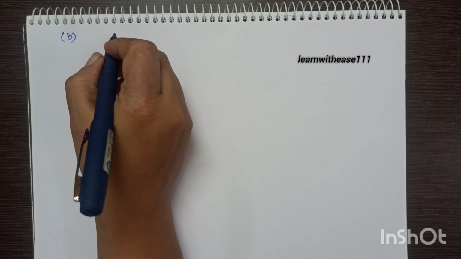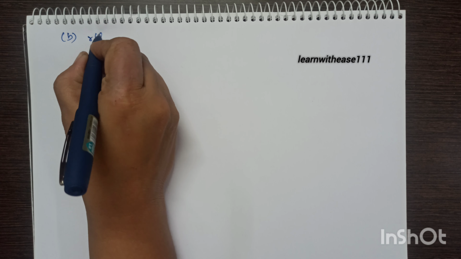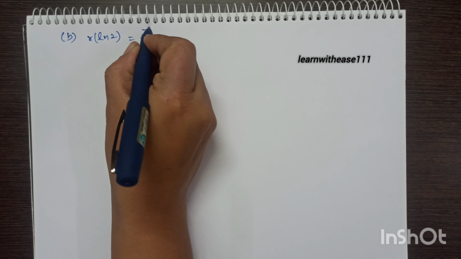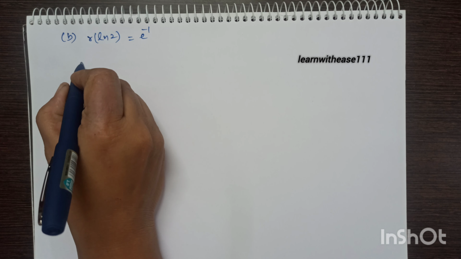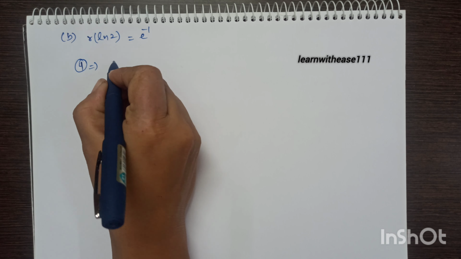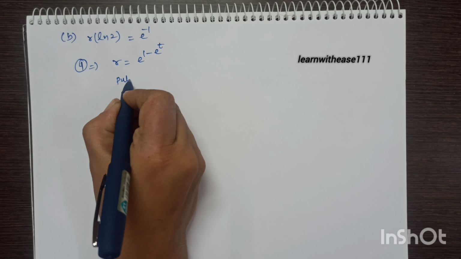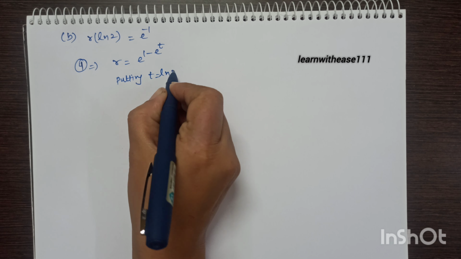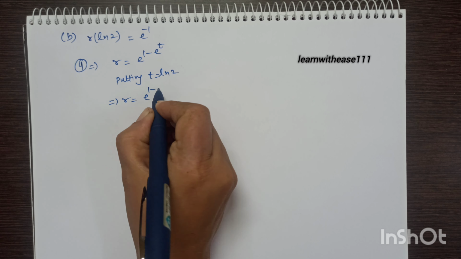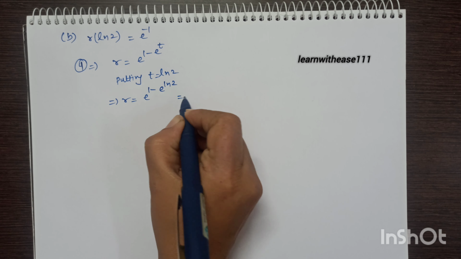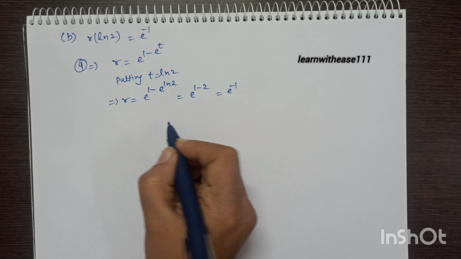Now checking the second option, B. The second option says r at ln 2 is equal to e to the power minus 1. Means when we substitute t as natural log of 2, we get the value of r as e to the power minus 1. Using the same equation which we have solved previously, put t equal to ln 2 in the equation.